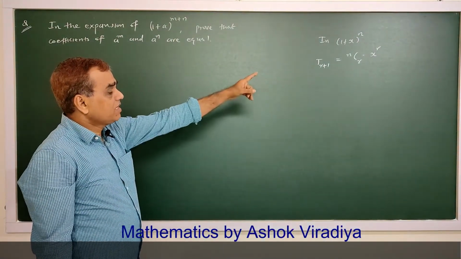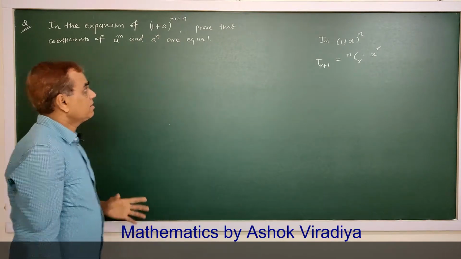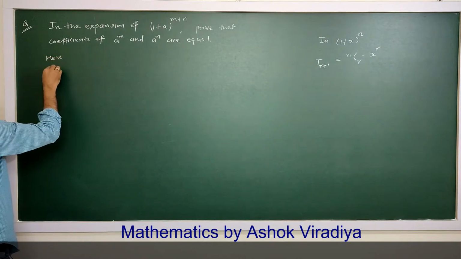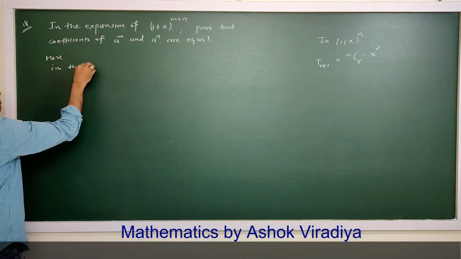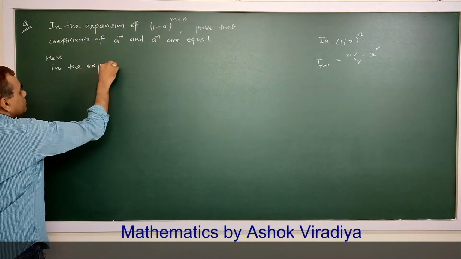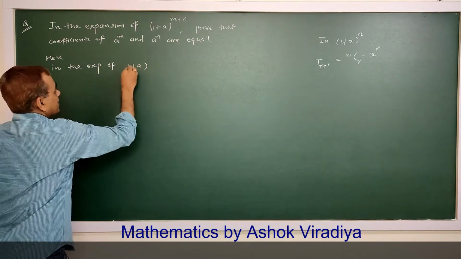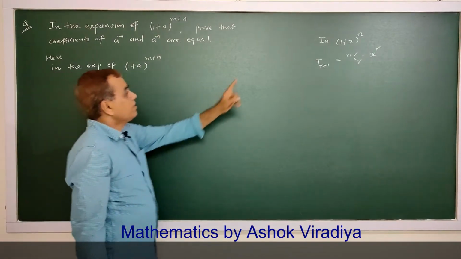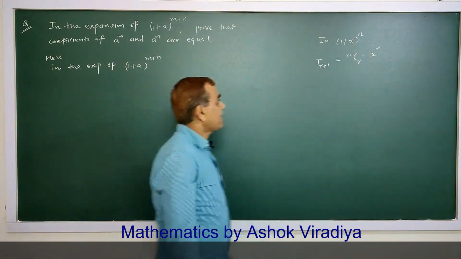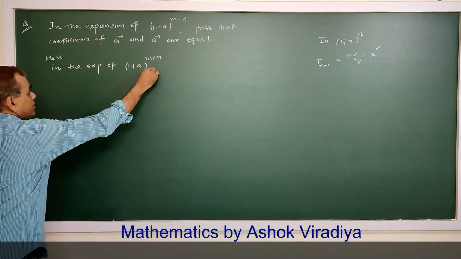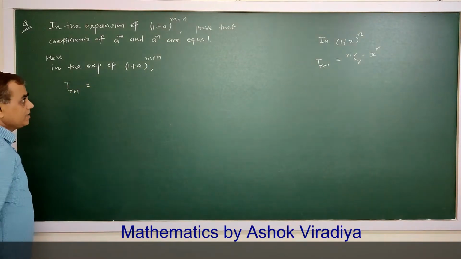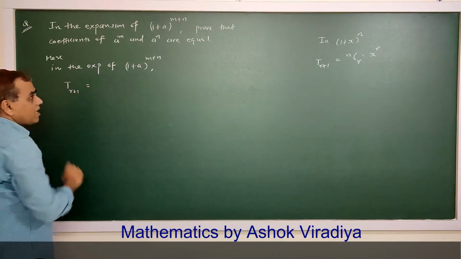So if we apply this result, then in the expansion of (1 + a) raised to m + n, the general term, the (r + 1)th term, is nCr.